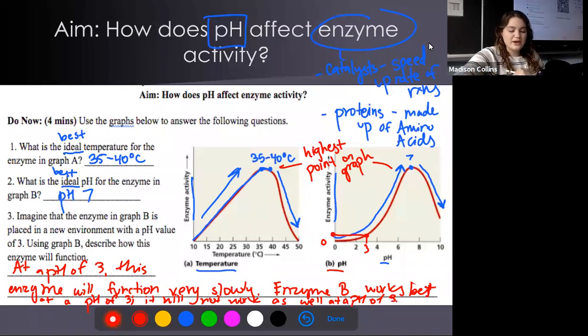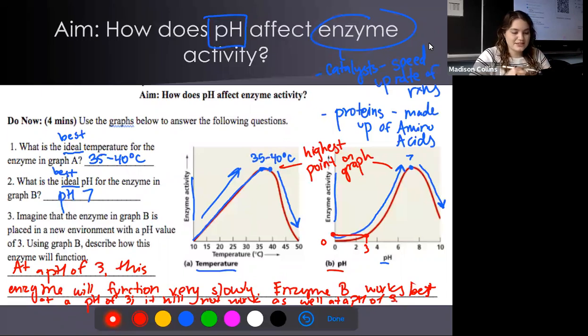So we see that at a pH of 3, that enzyme activity is going to be very, very slow. The rate of activity is not going to be fast at all, okay? We see that it works best at a pH of 7, which most enzymes do, but anywhere outside of that range, it's not going to work as well.